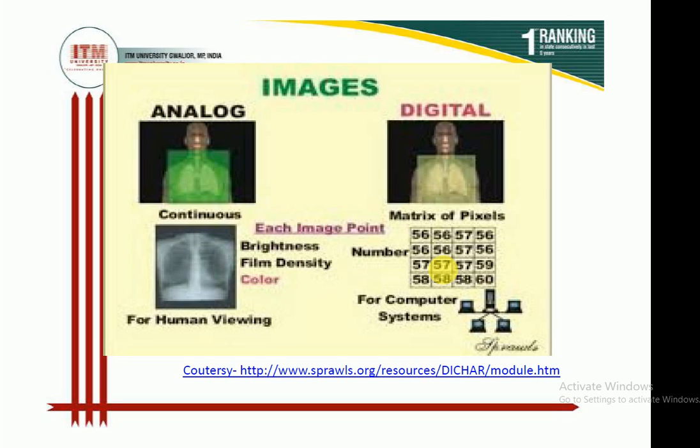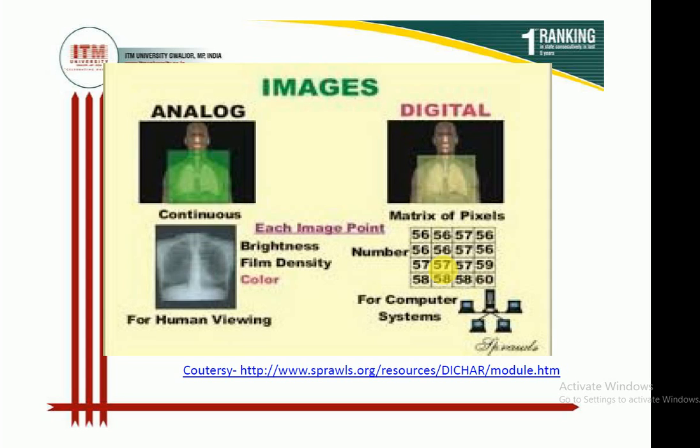In the analog image, we basically observe things on the basis of the contrast, the brightness factor of a particular object, or the shade variation in a particular object. But the digital image is present in the form of pixels, and there are only two shades.